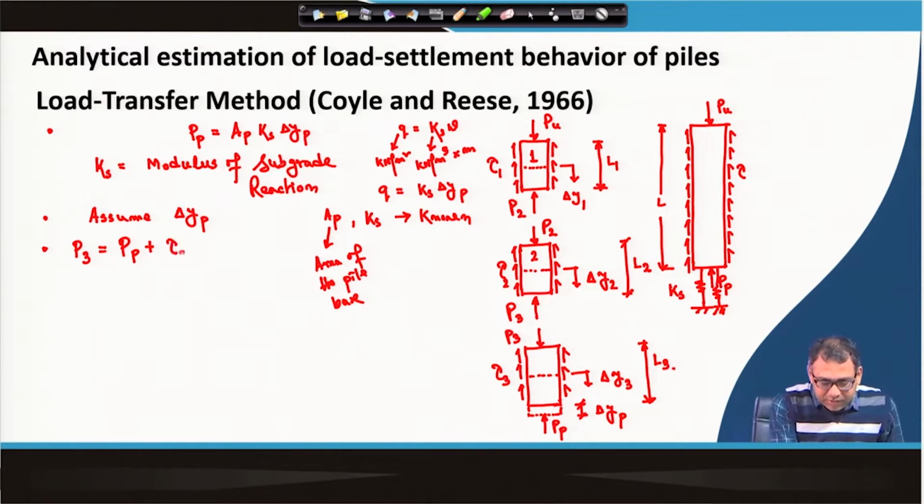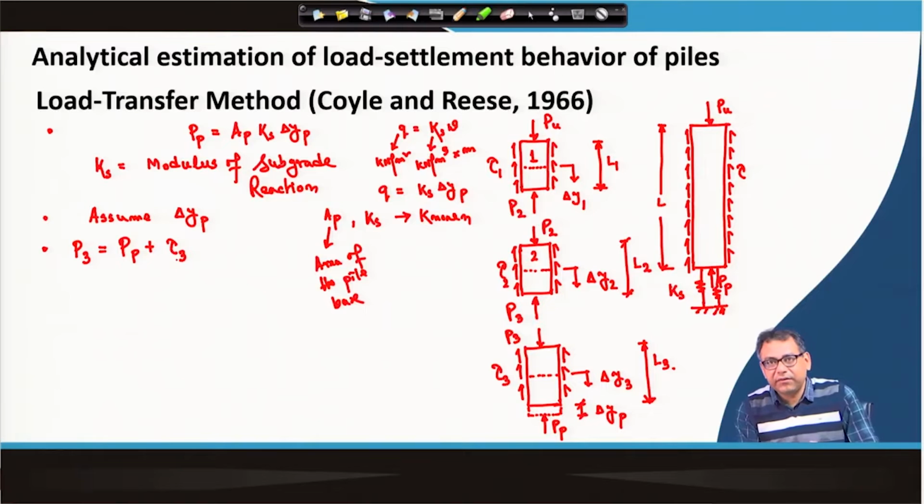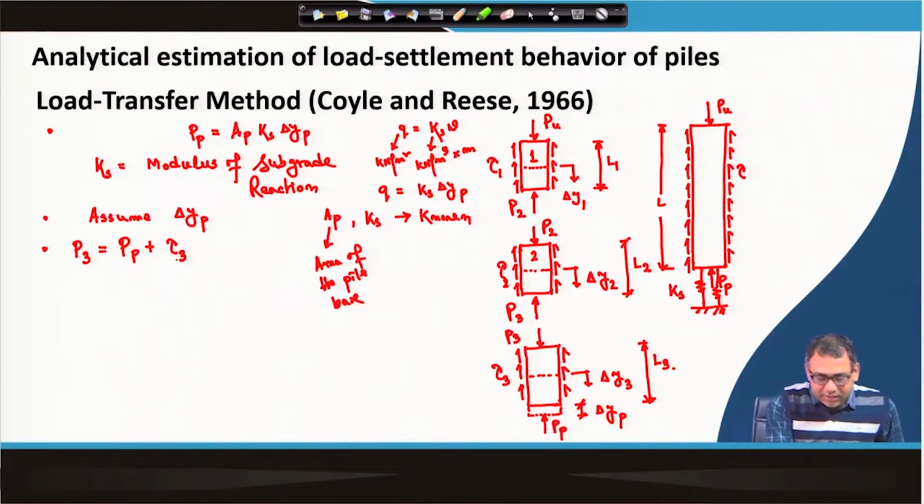tau 3, because tau 3 is the frictional resistance, the friction stress acting on the periphery of this small element 3, and the area of the periphery of this small element 3 is pi d into L 3.